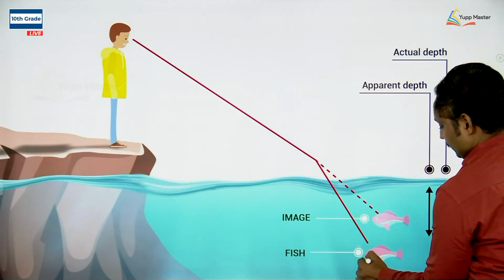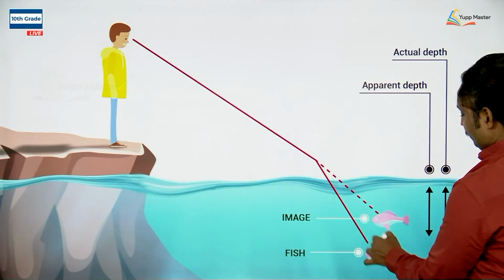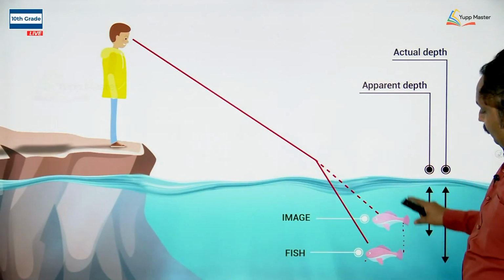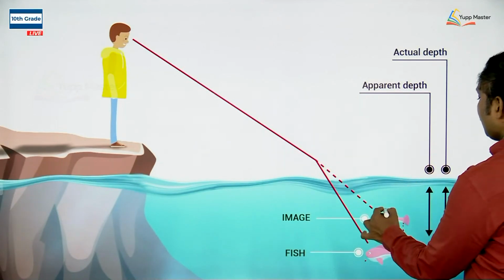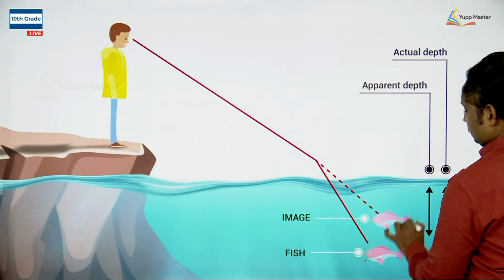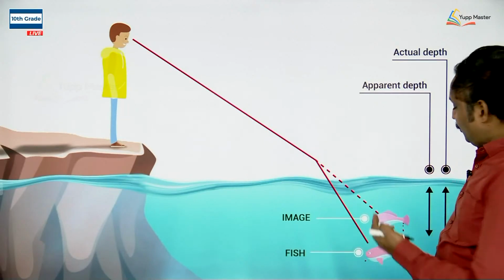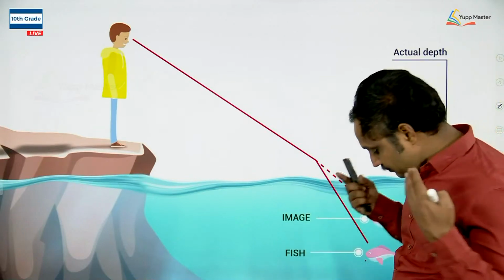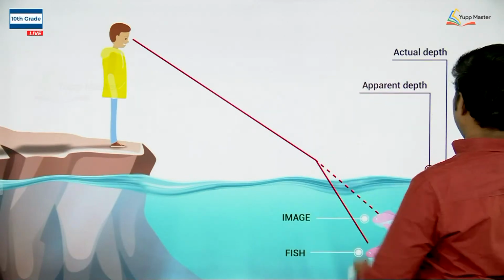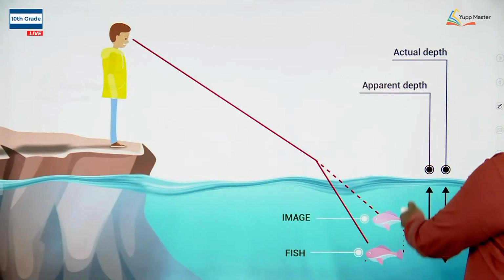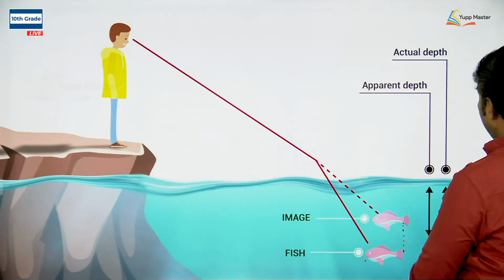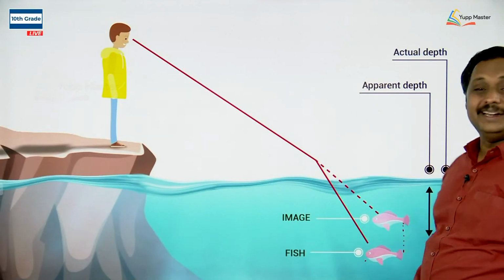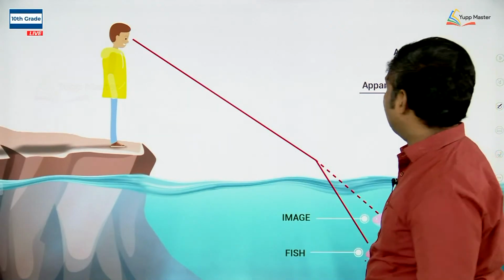Here. The actual presence is here, but it is going to be raised. This is virtual, it is not real. So it appears raised by some distance. This is the apparent depth, this is the real depth. This is the real depth and the apparent depth. This is a very simple concept, you can know that.